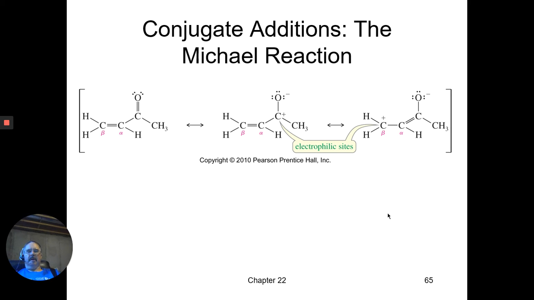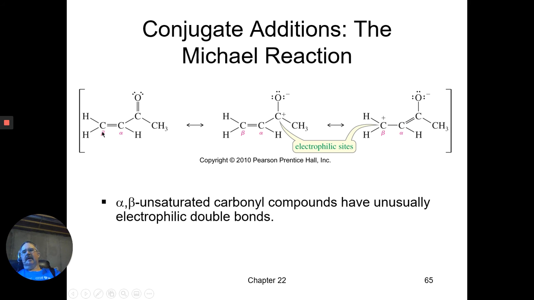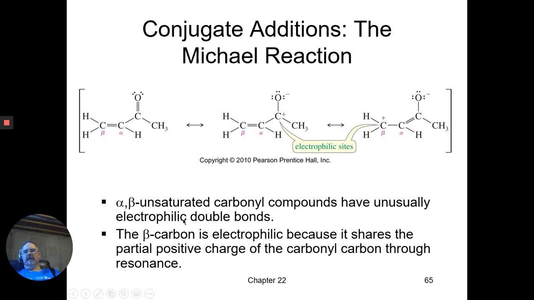Right, next we're going to look at the Michael addition, or conjugate addition. If we have an alpha-beta unsaturated carbonyl, these have unusually electrophilic double bonds. The beta carbon is electrophilic because it shares the partial positive charge of the carbonyl carbon through resonance.